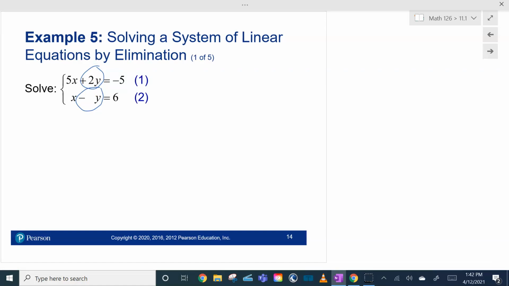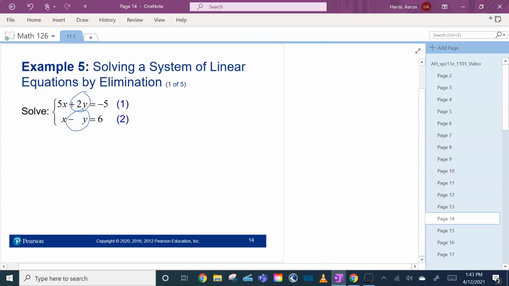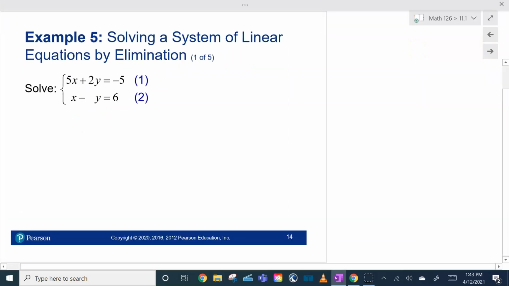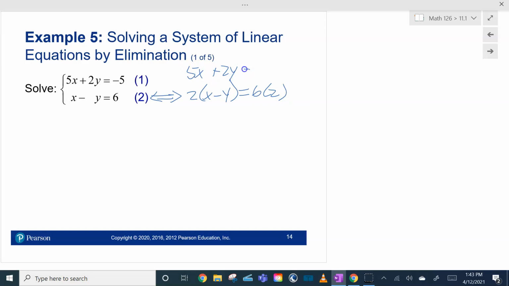So all I need to do is multiply equation 2 by 2. So if I multiply both sides of this equation by 2, which means I got to do the other side by 2, then what I'm going to have, top one stays the same, 5x plus 2y equals negative 5.